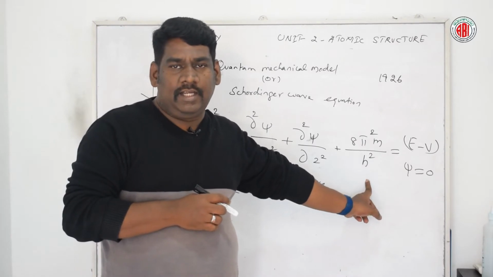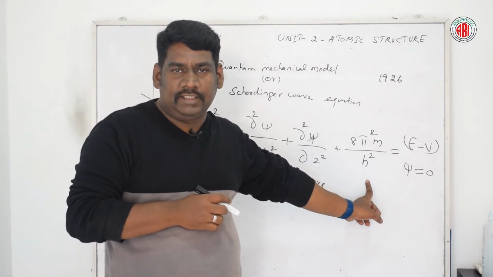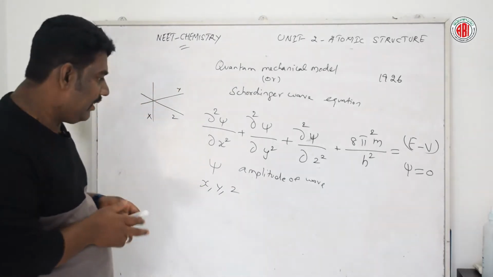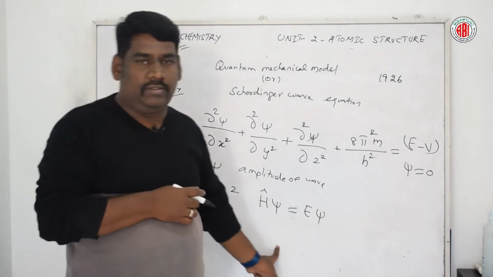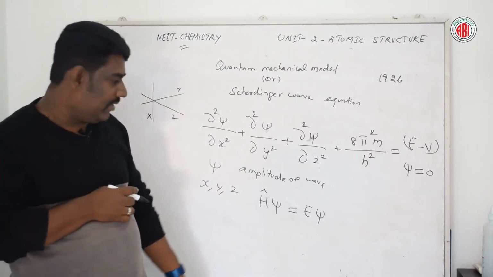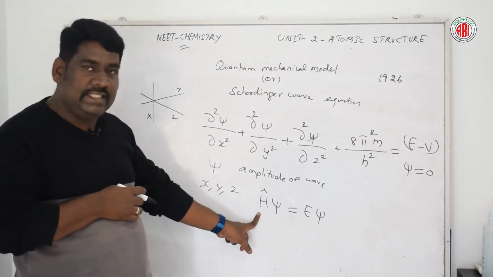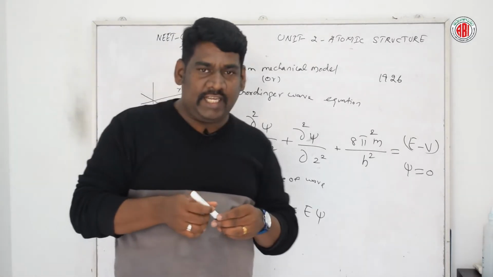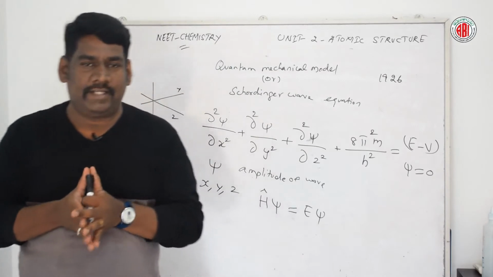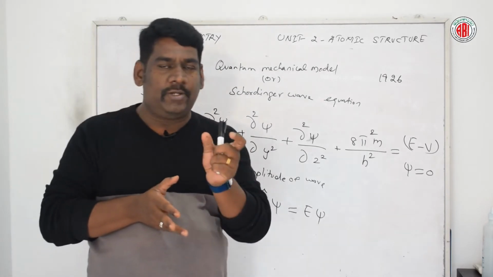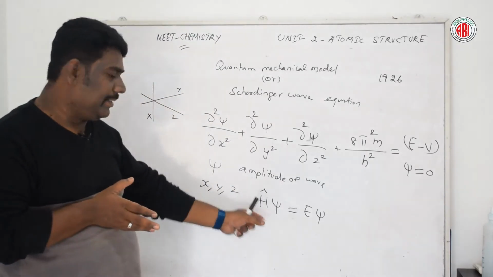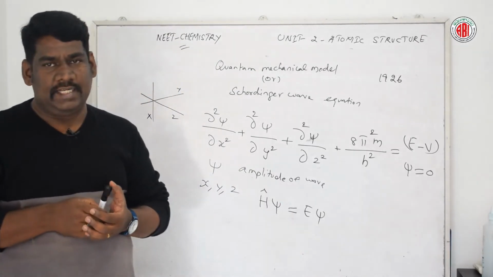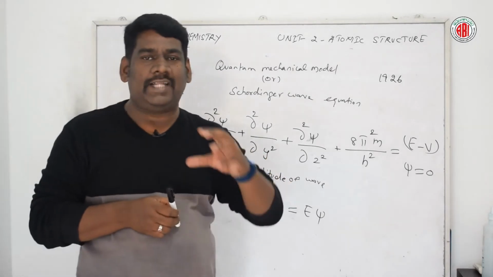This equation can be written in another form: H cap psi is equal to E psi. Here H cap is a mathematical operator called the Hamiltonian operator, psi stands for the amplitude of the wave, and E stands for the total energy of the electron.